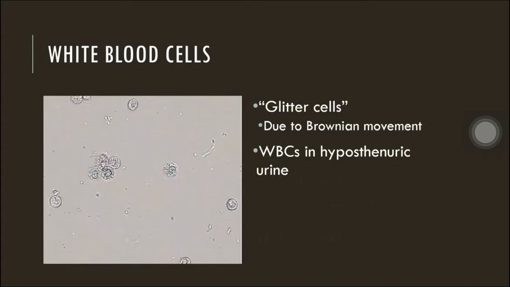Next, we have another form of WBCs. WBCs in hyposthenuric urine, or urine specimens having low specific gravity, may exhibit a sparkling morphology or appearance. This form of white blood cells is called glitter cells. They seem to glitter in appearance due to Brownian movement.